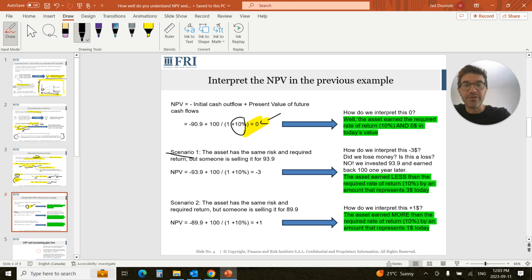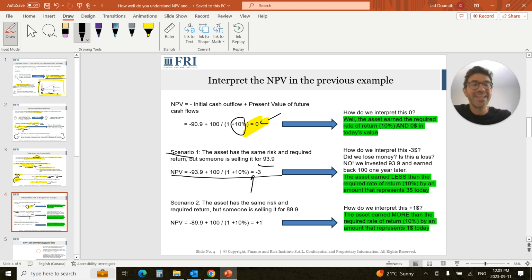In scenario 1, the NPV is negative $3. Does this mean that the project is losing money from an accounting perspective? Absolutely not. One more time, you invested 93.9 only to collect $100 1 year from now. This is a $6.1 return. Yet, the NPV is showing a negative $3 value. The correct interpretation of that is that the project underperformed its required rate of return.